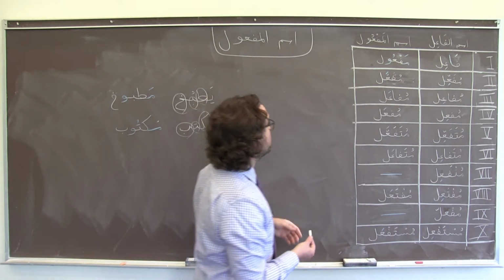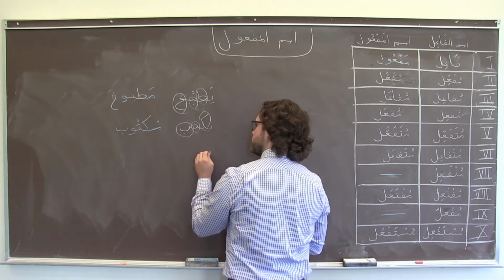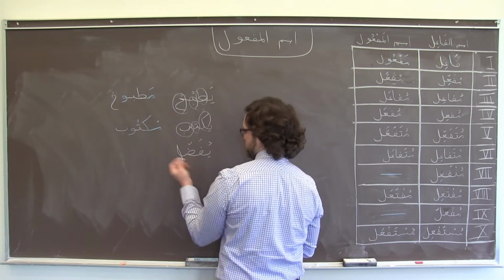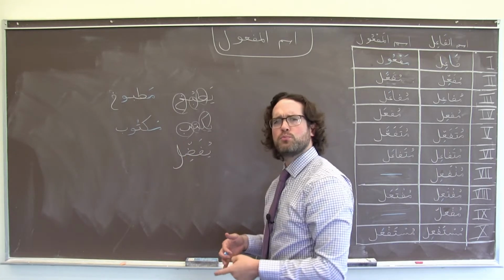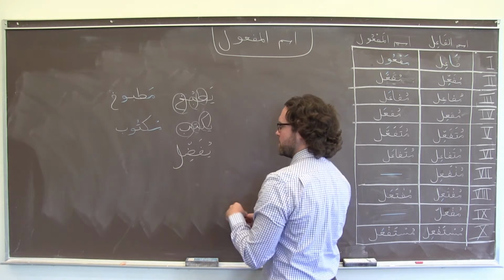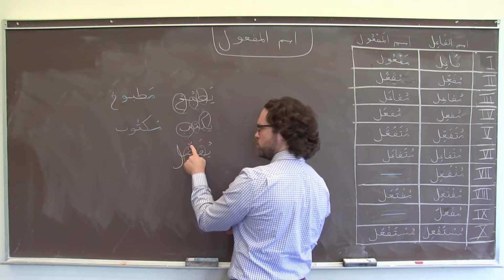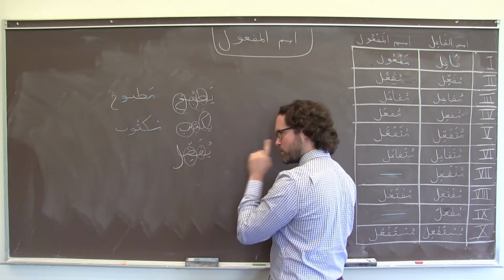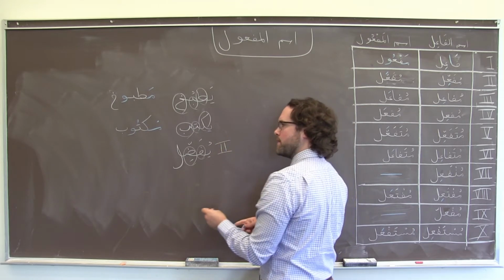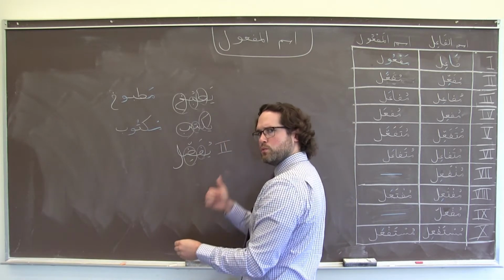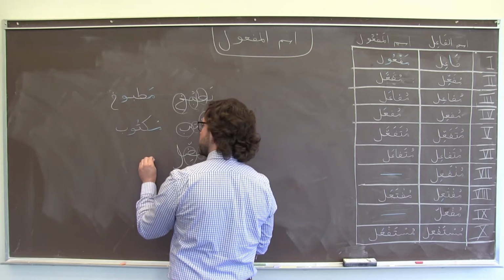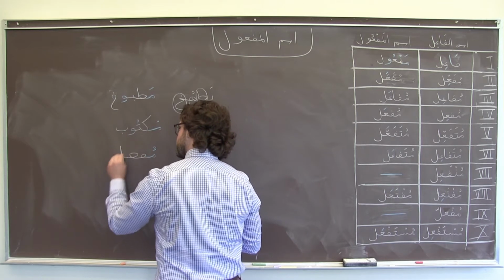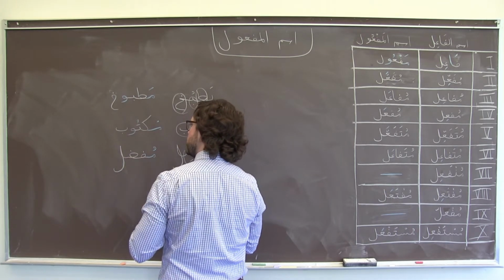So let's take another example. A form 2 verb, yufaddil. In the present tense, it means something like to prefer. If we take this judr, and we know it's a form 2 verb because we have the shadda here and we have the vowel pattern with the dhamma, fatha, and kasra, so I can recognize it as form 2, and then I put it into my form 2 ism maf'ul wazn, I get mufaddal.